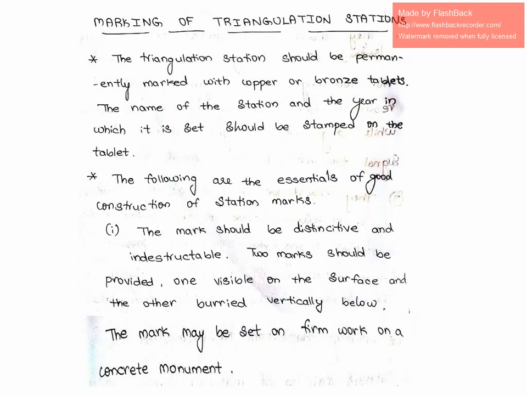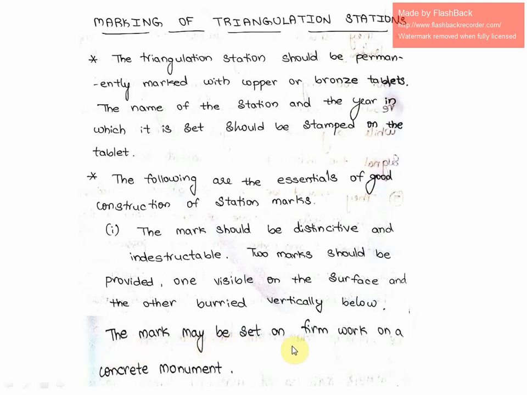That mark may be washed out. So when you mark another point vertically below, you can go through that point. That's why they have given the instruction to mark two marking points.